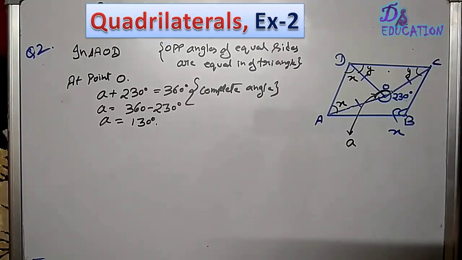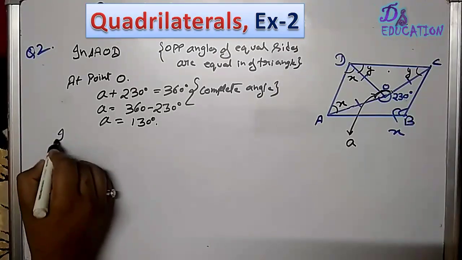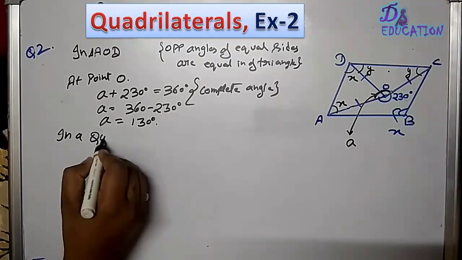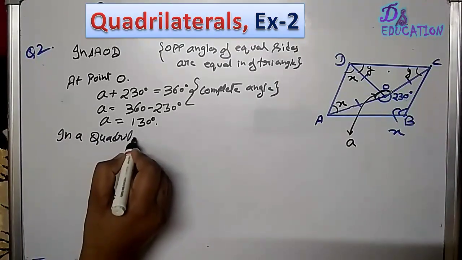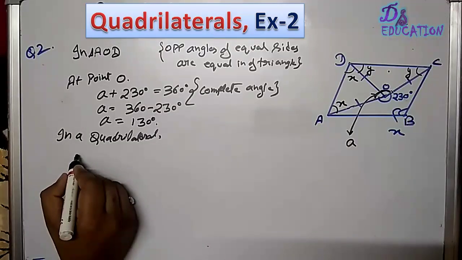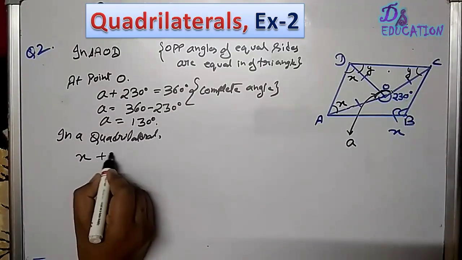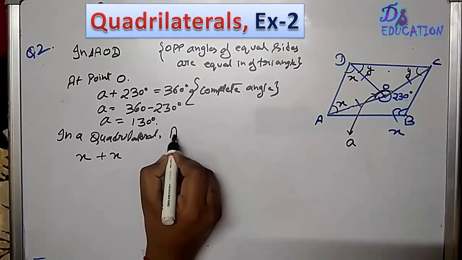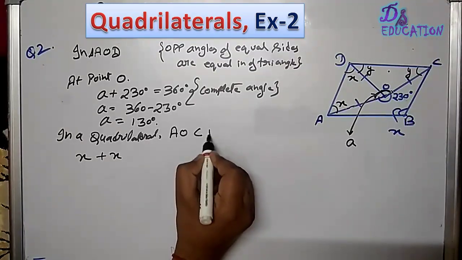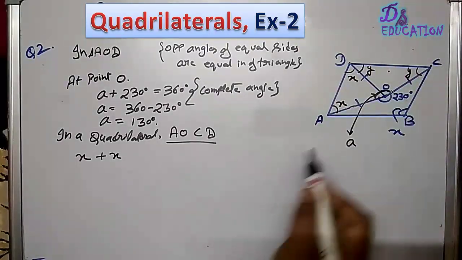Now if we got this, in a quadrilateral AOCD, there are four angles.